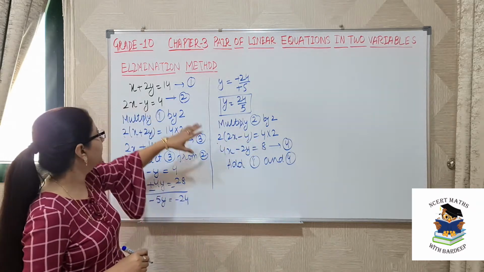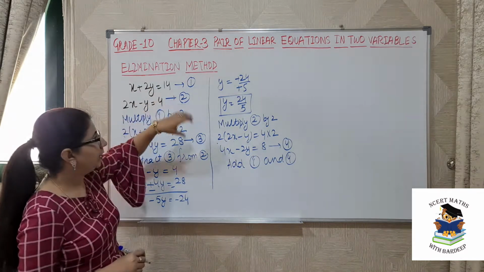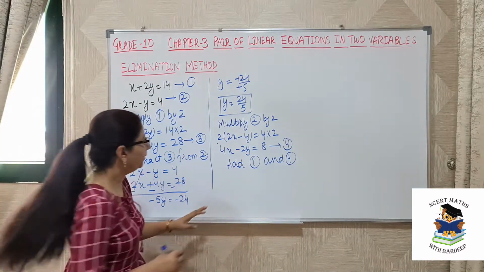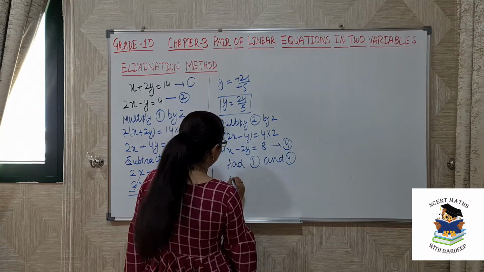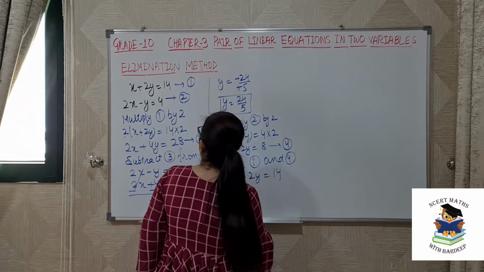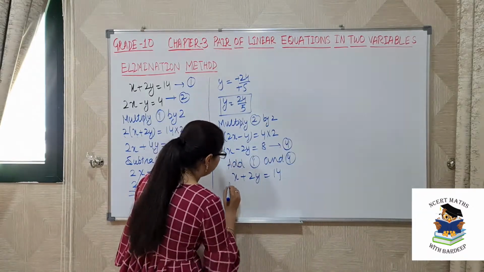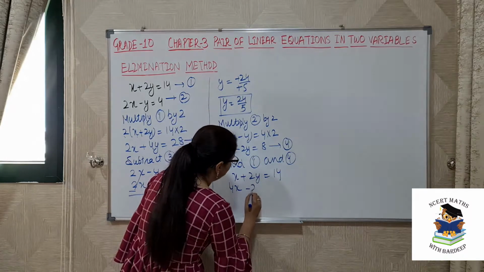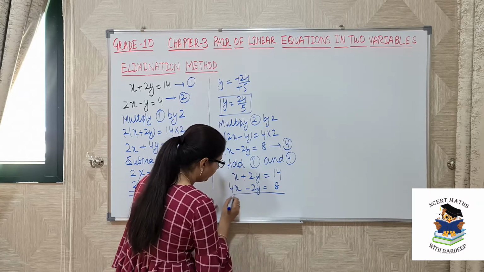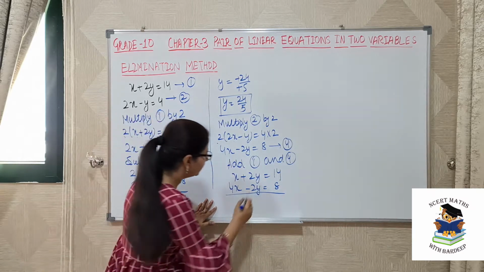Always remember that whatever value you are putting here, you should use two different equations. Okay. So add 1 and 4 means x plus 2y equals 14, and the fourth one is 4x minus 2y equals 8. Since addition is there, no need to change the signs.